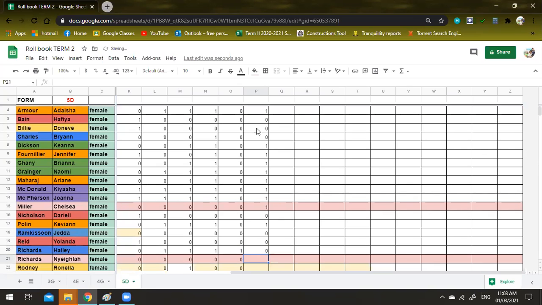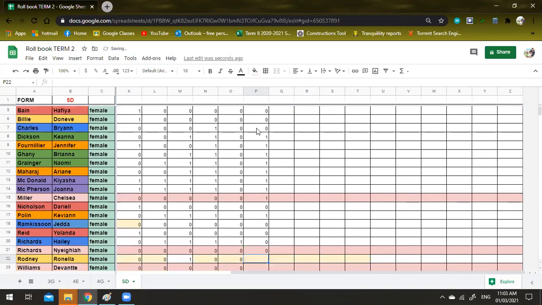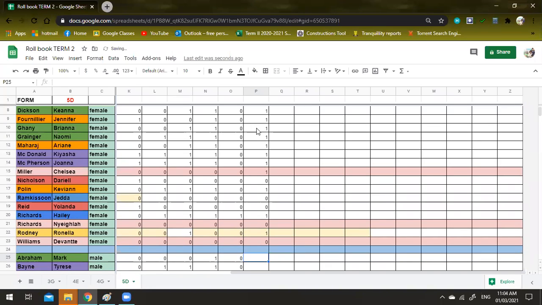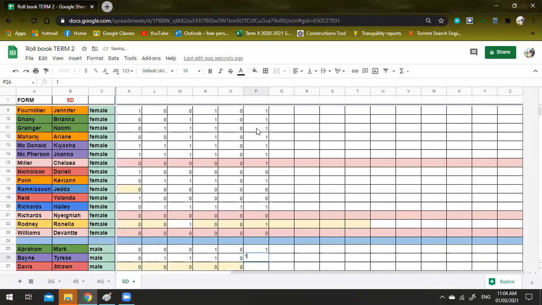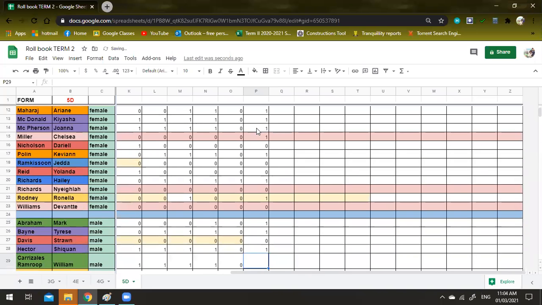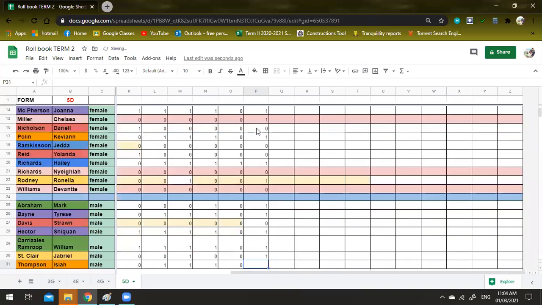Nyla wasn't here. Devante was here. Mark was here. I think I saw Tyrese in the beginning. Strone wasn't here, but Shekwan was here. William here. Jibril was here, and Isaiah was here.